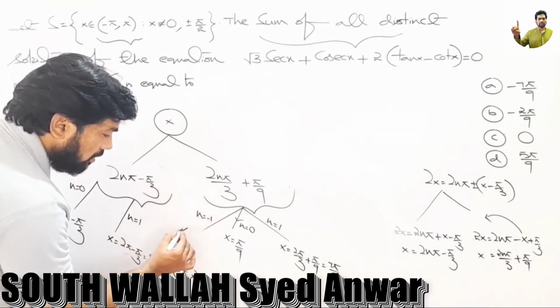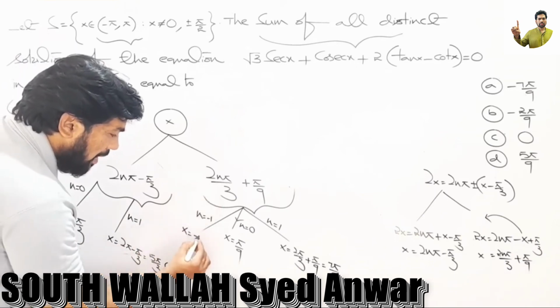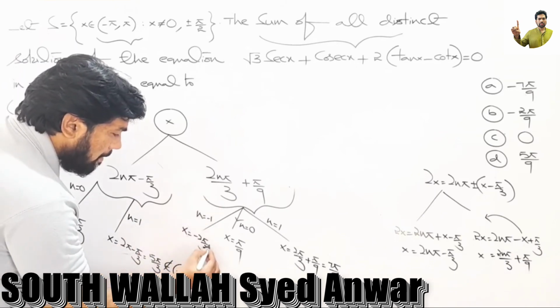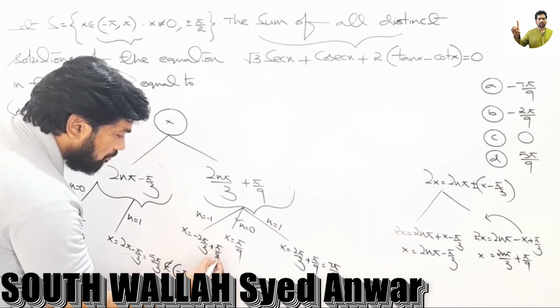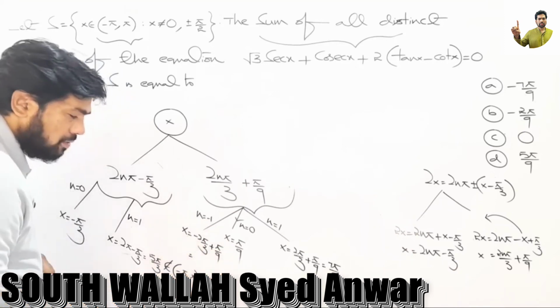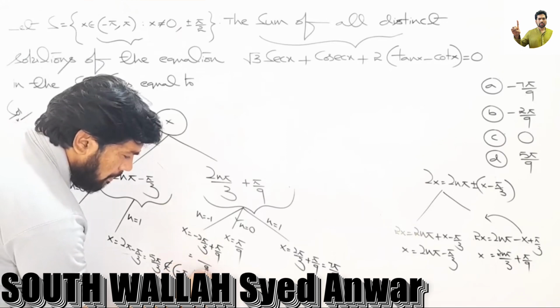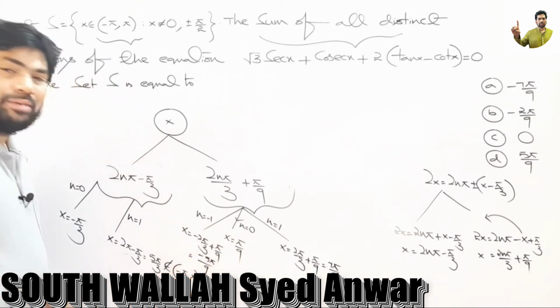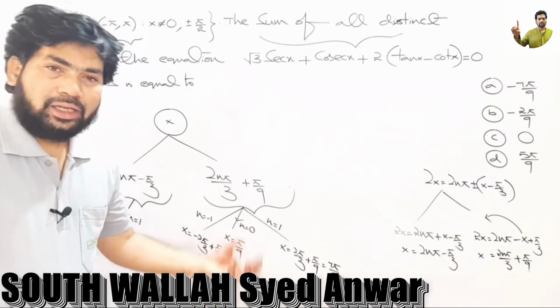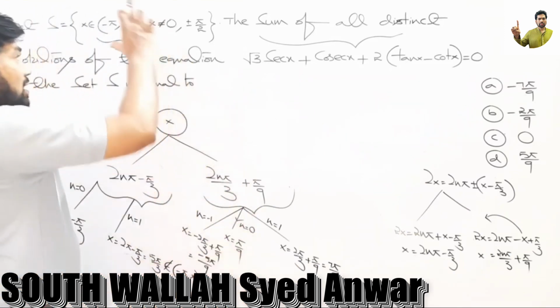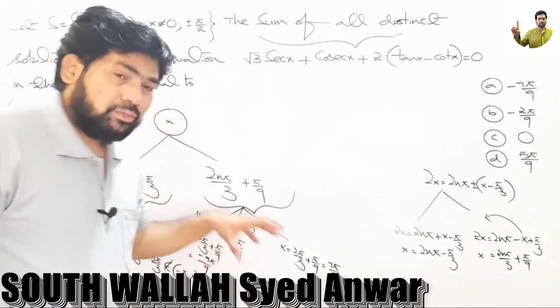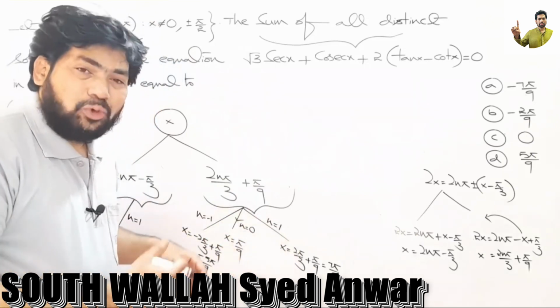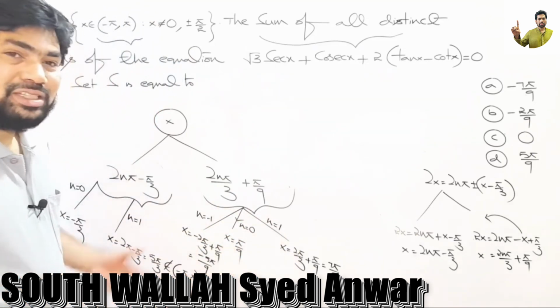Then x is equal to minus 2 pi by 3 plus pi by 9. So this is nothing but minus 5 pi by 9. So minus 5 pi by 9 is equal to minus 100 degree. So minus 100 degree is clearly lying in this interval, acceptable. So putting n is equal to minus 2 is wasting of time.